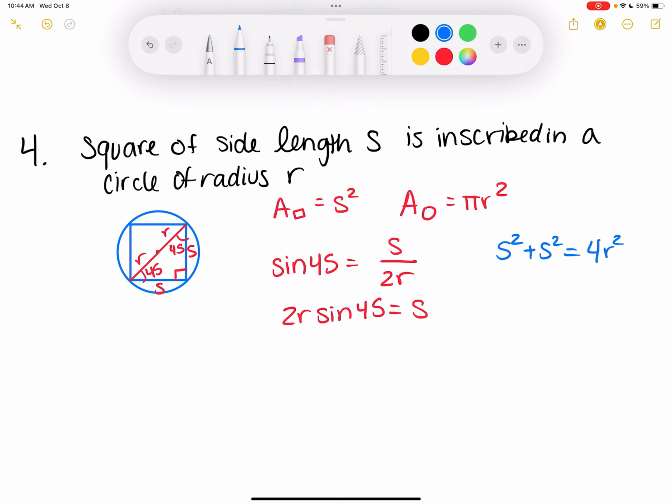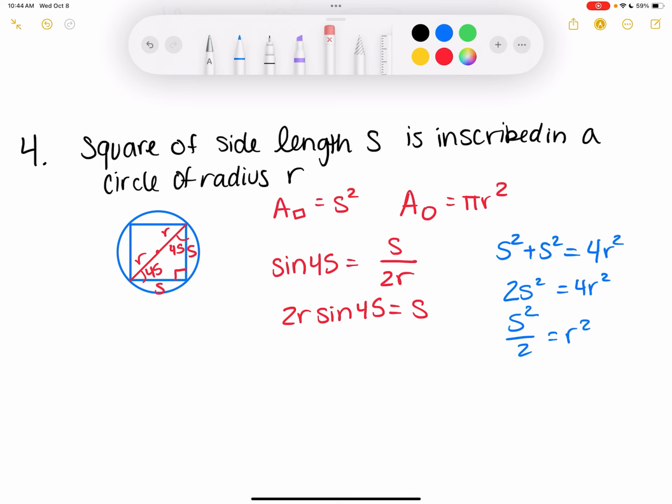So this would be 2s squared equals 4r squared. So then I would divide by 4, so s squared over 2 equals r squared. So the square root of, let's see, it is going to work. I'm just trying to figure out how I want to write it.